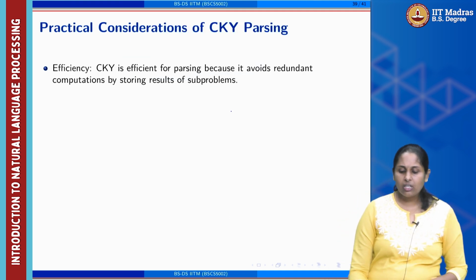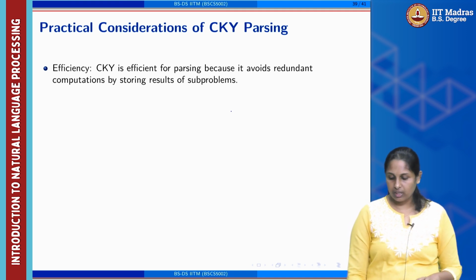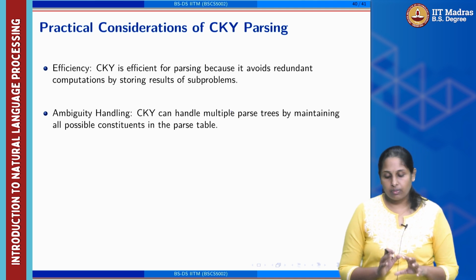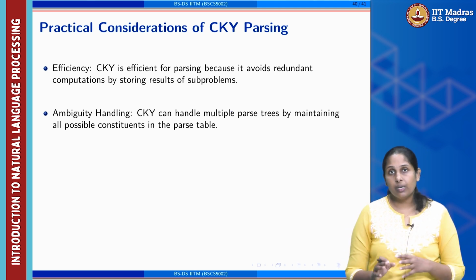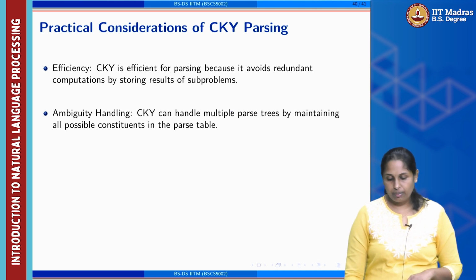It's efficient for parsing because it avoids redundant computation by storing the results of subproblems. Ambiguity handling is very rich because it can build multiple parse trees by maintaining all possible constituents in the parse table.